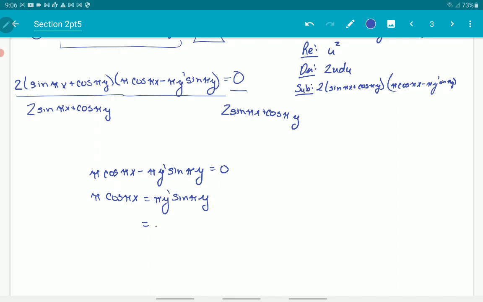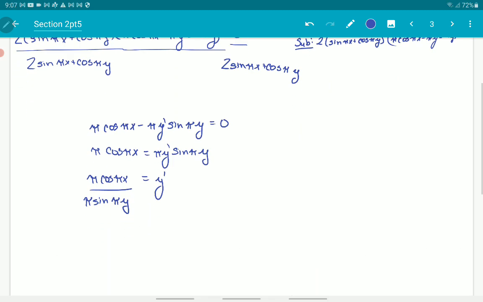And then to get y prime by itself, I'm going to divide by pi sine of pi y. So y prime is going to be cosine of pi x divided by sine of pi y. So there's our derivative.